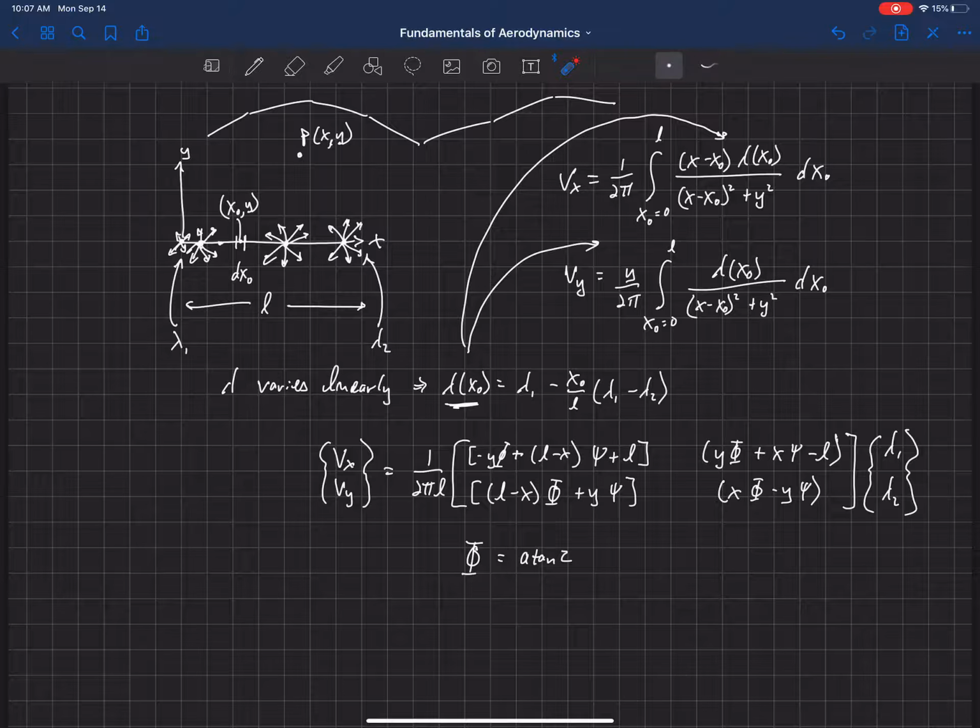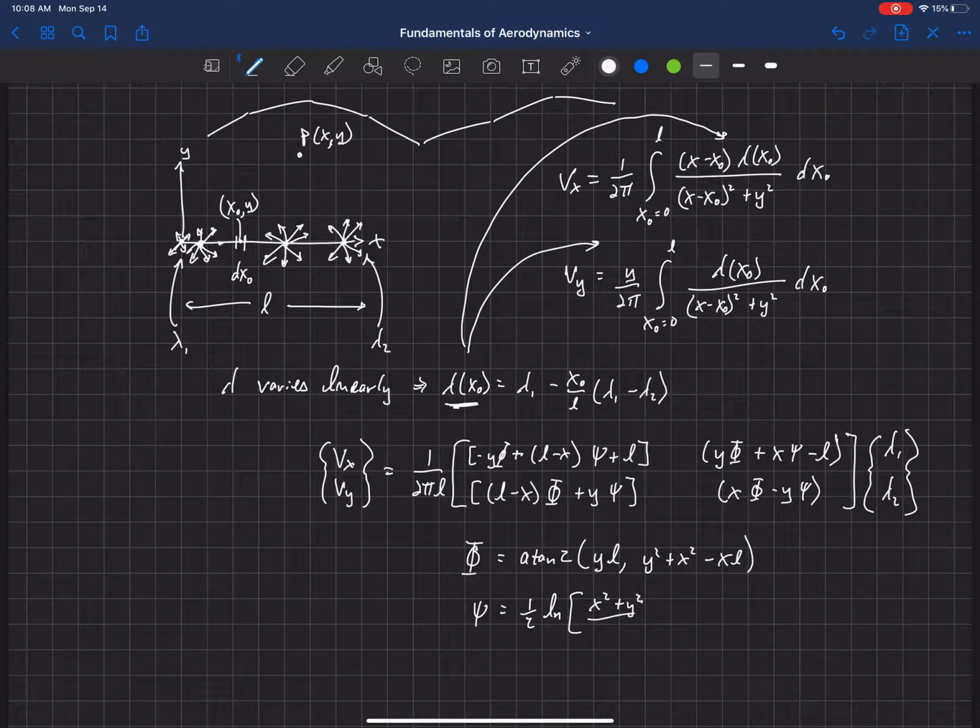So we're going to use atan2 of y times L, comma, y squared plus x squared minus xL. And then capital psi is defined as 1/2 natural log of x squared plus y squared over x minus L squared plus y squared.